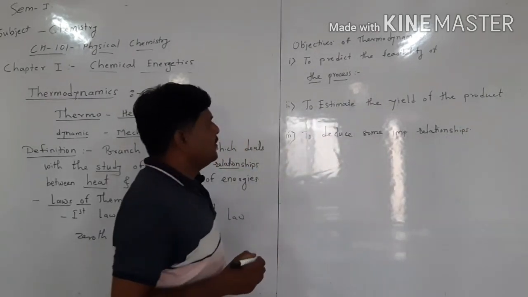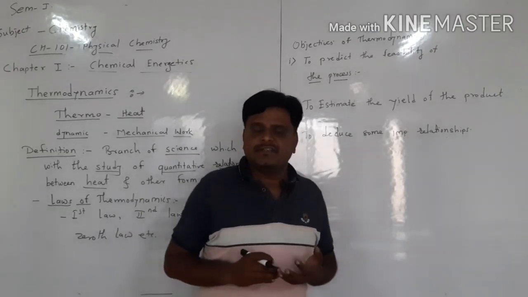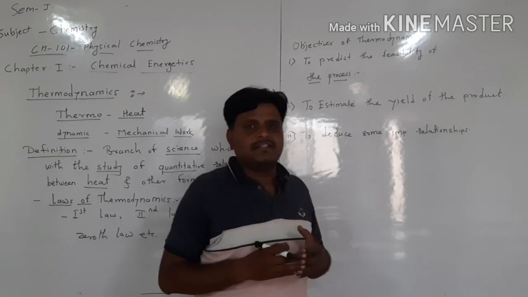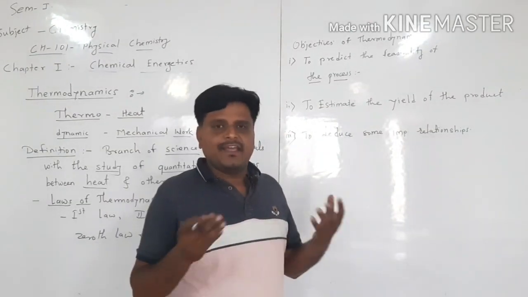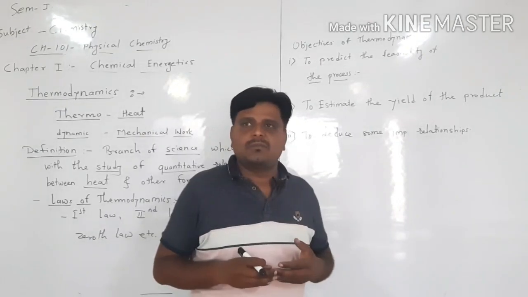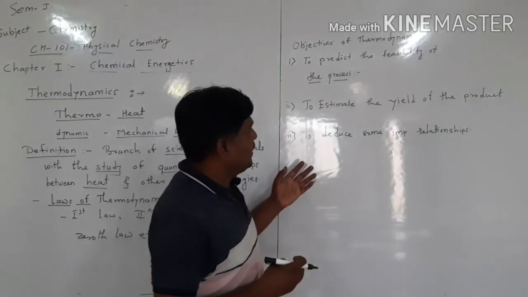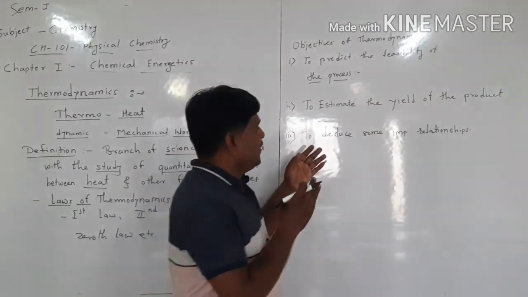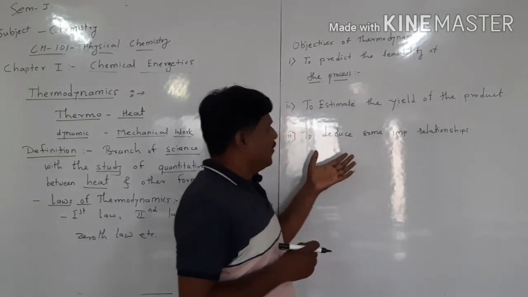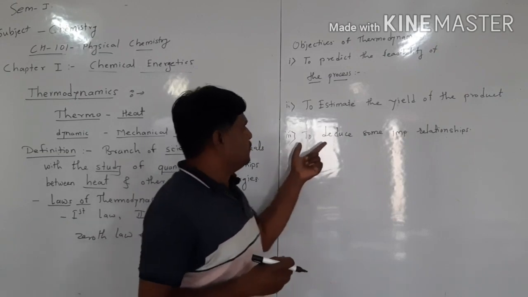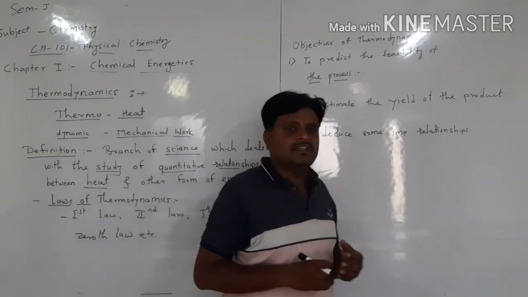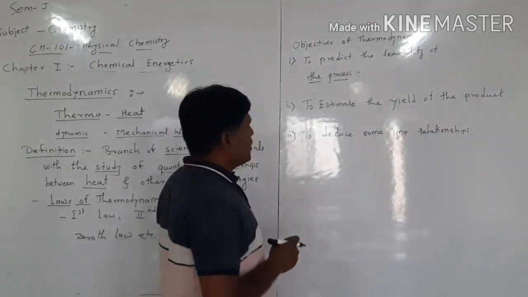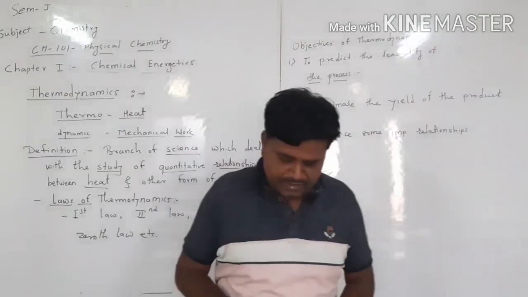In this case, you can find out the connection between the two reactants, how they can convert into the products, and we can very easily find this out by using thermodynamic concepts. So this is an important objective, to deduce some important relationships between chemical changes. Okay. So these are some simple objectives.